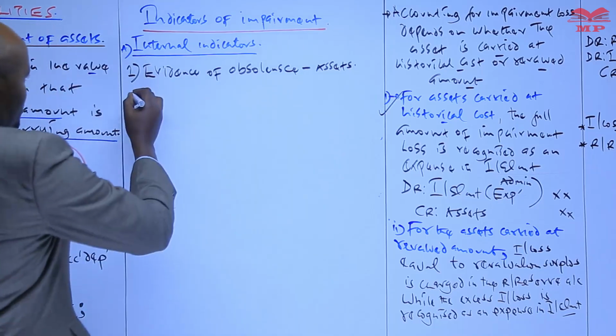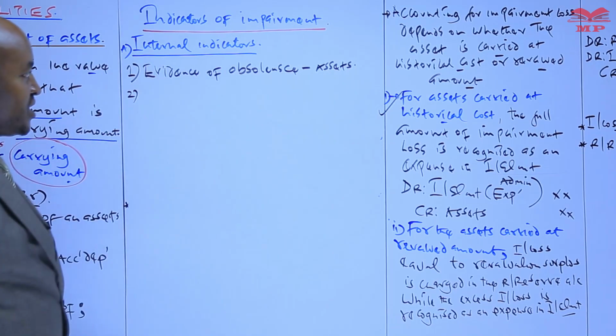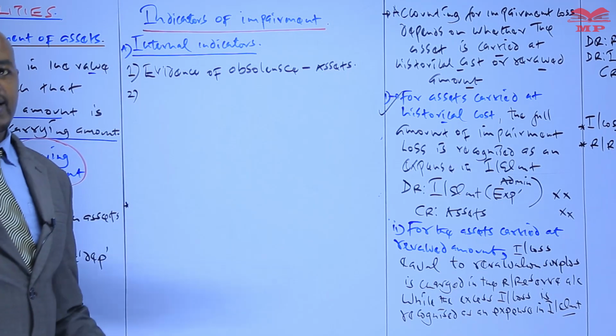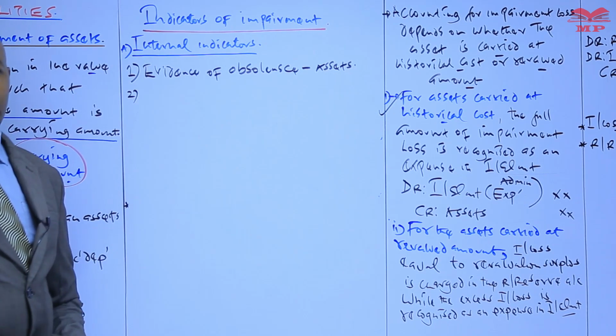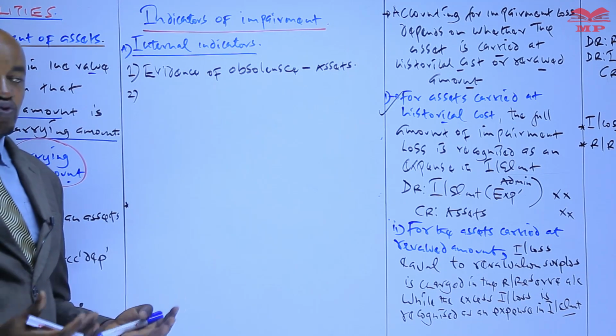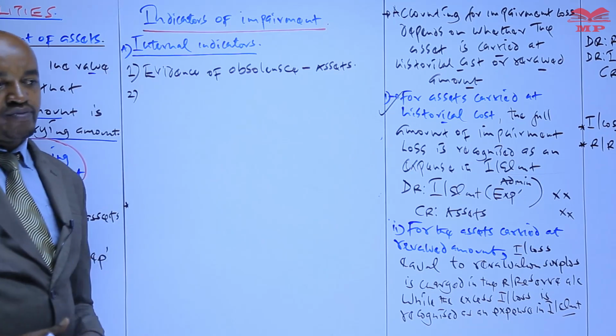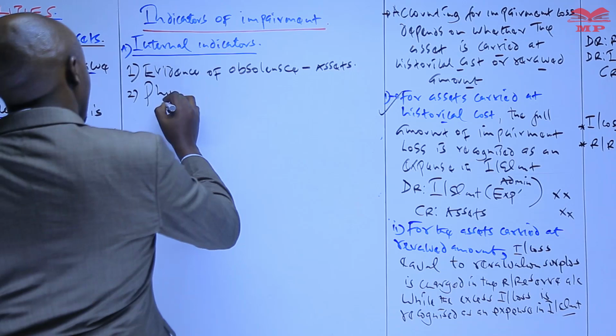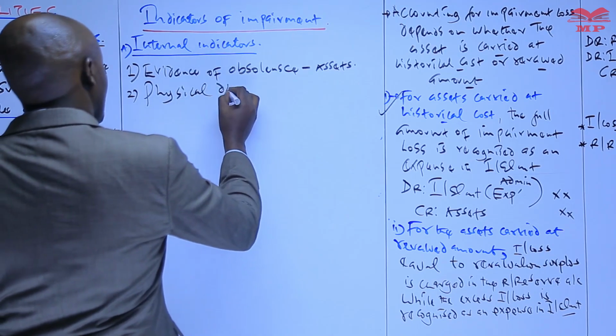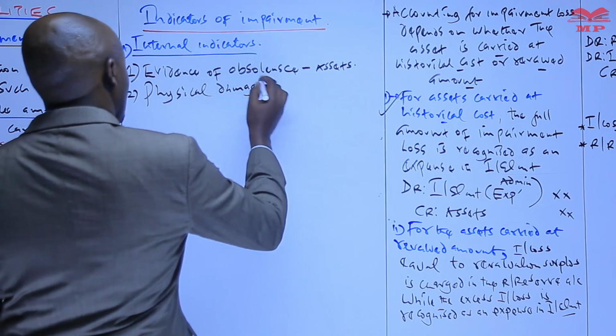When we talk about the asset becoming obsolete, basically this means that the asset is no longer needed in an entity. Maybe, for example, the production capacity of an asset is too low, and therefore such an asset cannot be used in an organization. Number two is what we refer to as the physical damage of an asset.